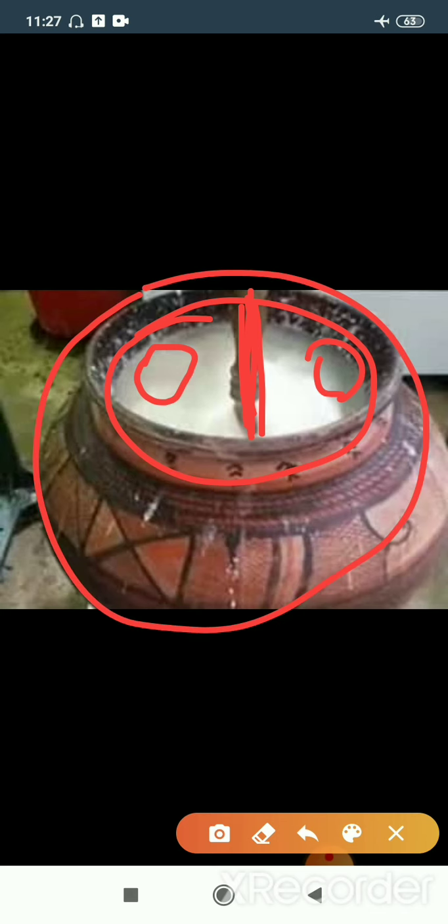After that the butter gathers together in bulk and floats on the buttermilk, and with the help of our hands we can easily separate the butter from this buttermilk. So easily we can separate the two substances.